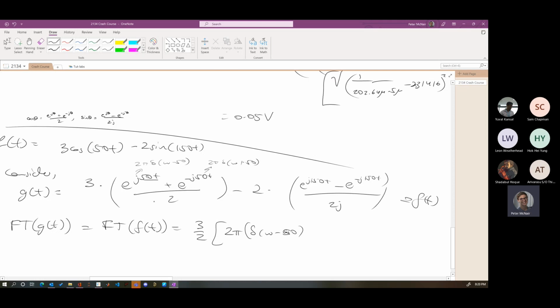So I'm going to go through 3 on 2 times 2 pi times that plus that. And then here we have minus 2 on 2j times 2 pi, delta of omega minus 150 minus delta of omega plus 150.